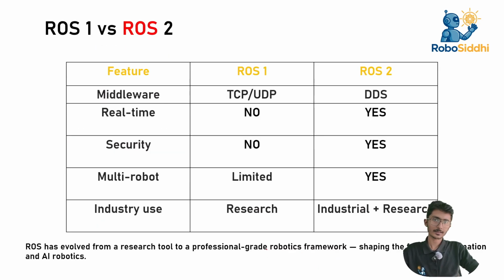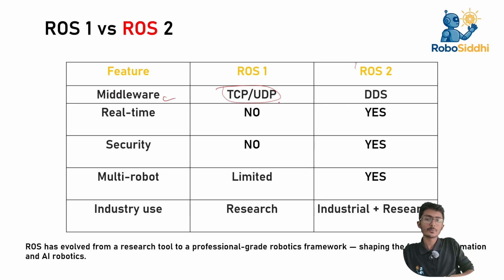So let's take a look at both ROS versions and compare them. Features: middleware. The middleware is TCP/UDP in ROS 1, while ROS 2 is a bit more modern. I will tell you the difference in upcoming lessons.